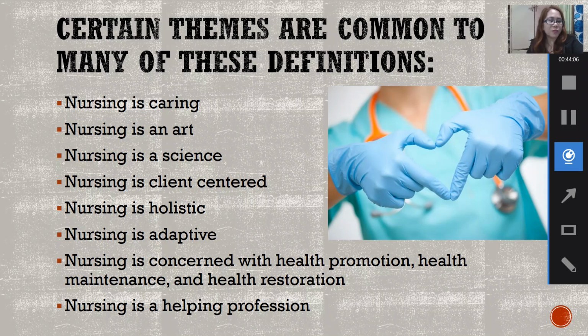Nursing is concerned with health promotion, health maintenance, and health restoration. So, ano ibig sabihin nito? Health promotion, health maintenance, and health restoration. Okay? So, isipin nga ulit natin yun. So, when we say health promotion, as a nurse, you are concerned with health promotion.